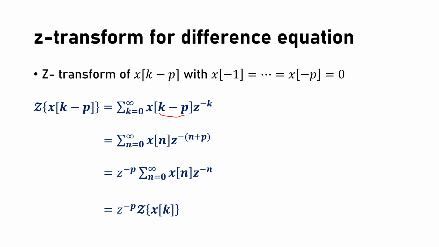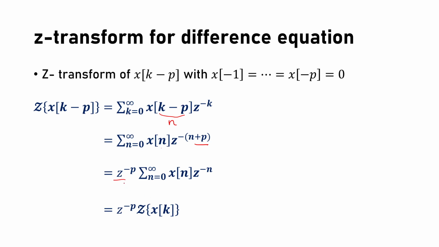So k equal to p plus n, substituted into k here. Then you can take out z to the minus p for all the terms. Then you have z to the minus p times the Z transform of h of k.